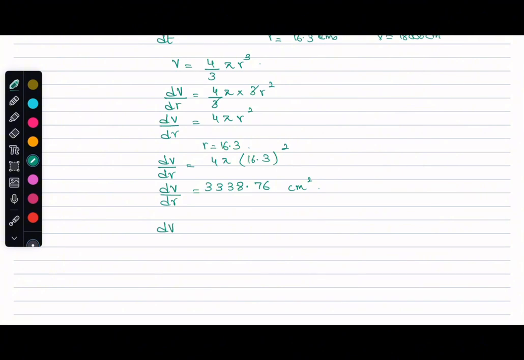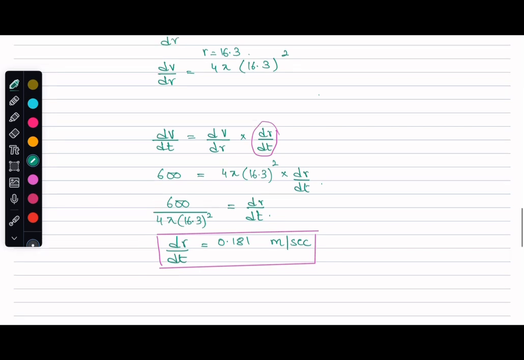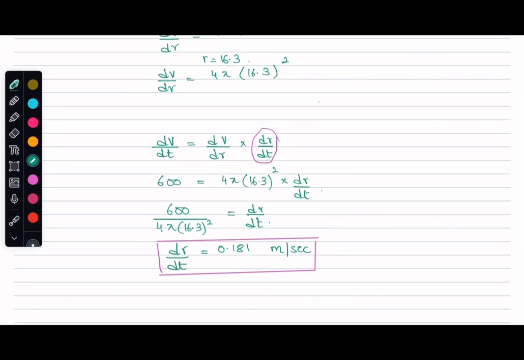If we make the chain rule, dv by dt is equal to dv by dr times dr by dt, and here we are supposed to find dr by dt. We already know that dv by dt is given in the question as 600 centimeter cube per second, which shall be equal to dv by dr, calculated as 4 pi 16.3 the whole square, times dr by dt.